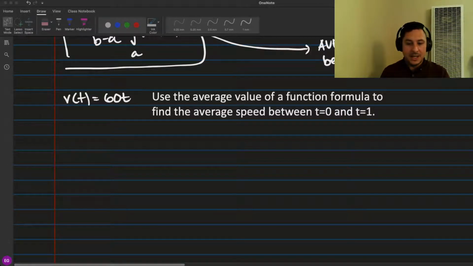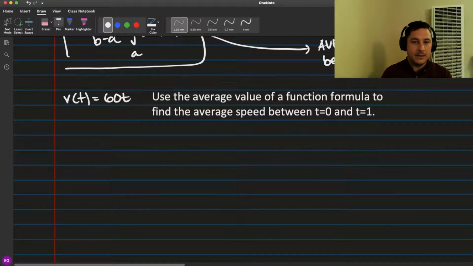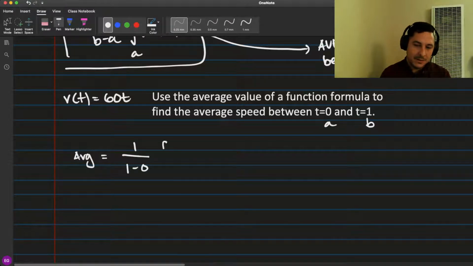Okay, and we just set it up. So that average is going to be equal to 1 over 1 minus 0, since this is your a and this is your b, so it's b minus a. Then you integrate from a to b, so 0 to 1, your velocity function, which is 60t dt.